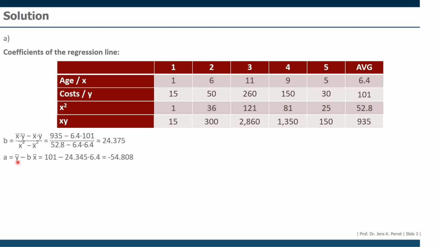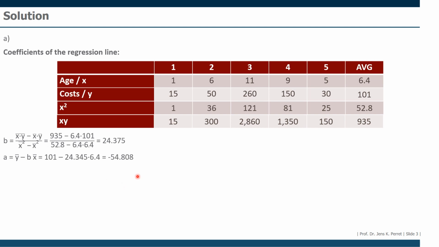This slope we can then use to calculate the intercept. The intercept we get by taking the average of y, so here the 101, and subtracting from it b, that's the 24.375 from before, times the average of x, that's the 6.4. So if we do this, we get as an intercept minus 54.808.